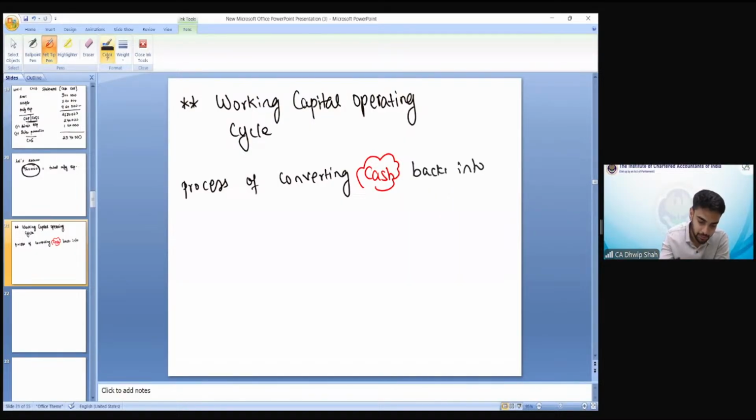It is a simple process of converting cash back into cash. कैश को कैश में कन्वर्ट करने का प्रोसेस इज कॉल्ड वर्किंग कैपिटल ऑपरेटिंग साइकिल.